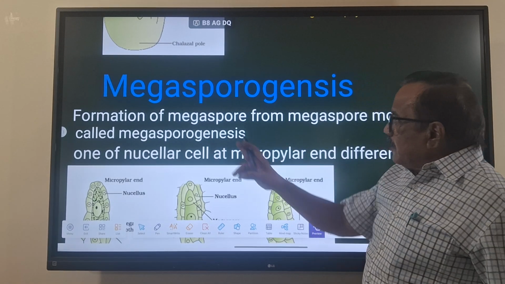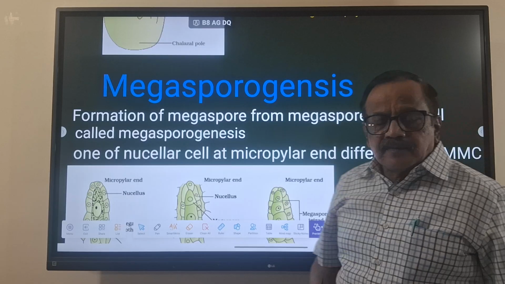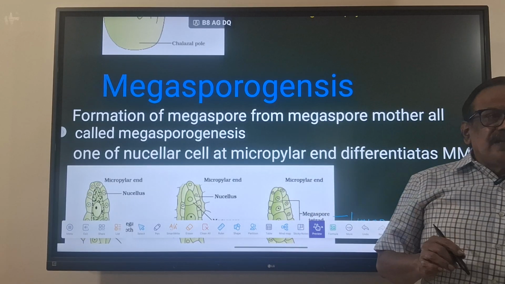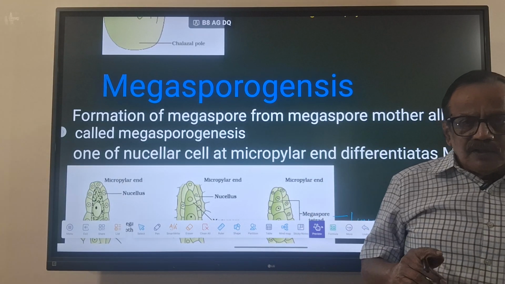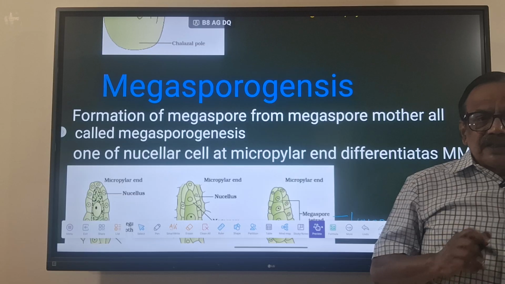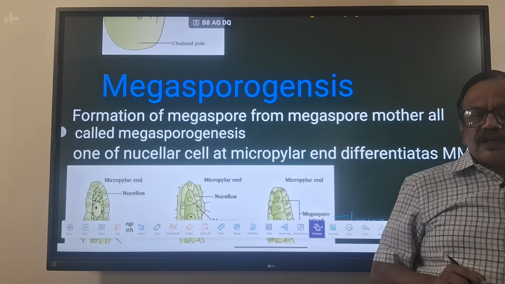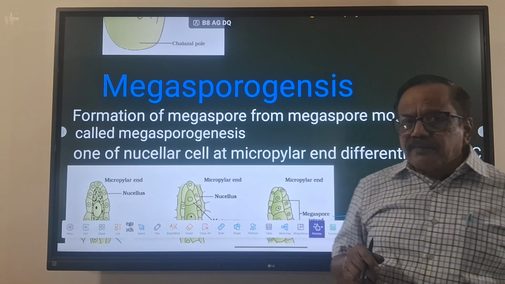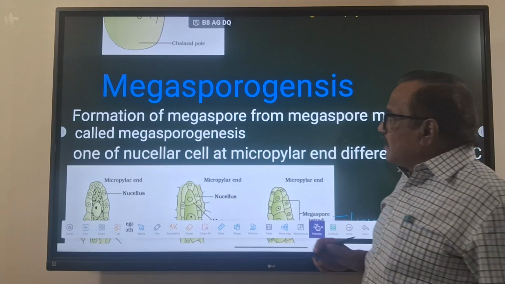Now see megasporogenesis. How will the megaspore be formed? Like microspore formation, here it is called megaspore formation.